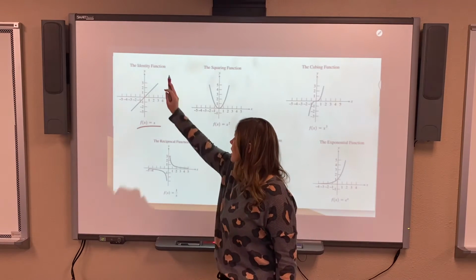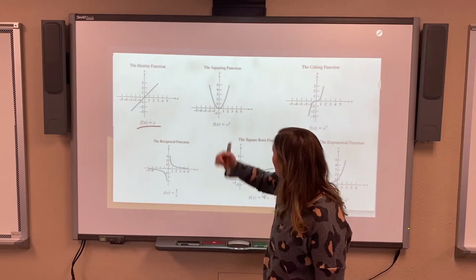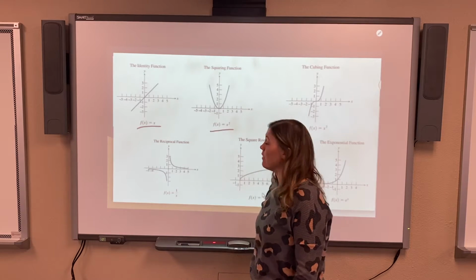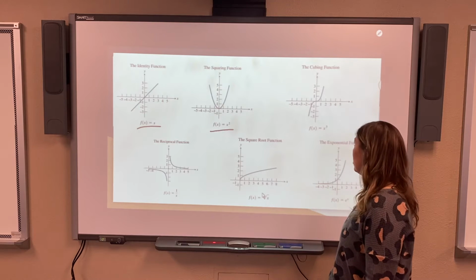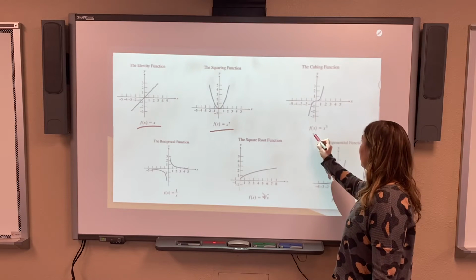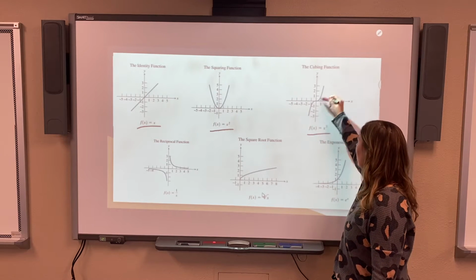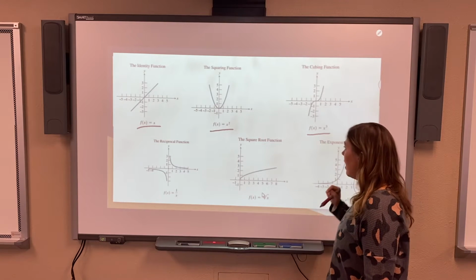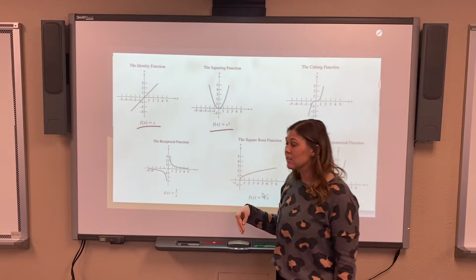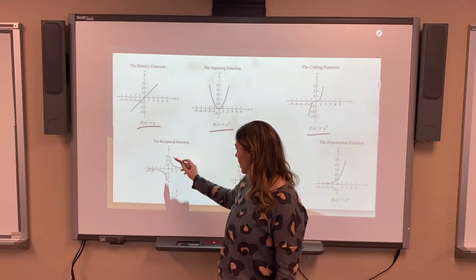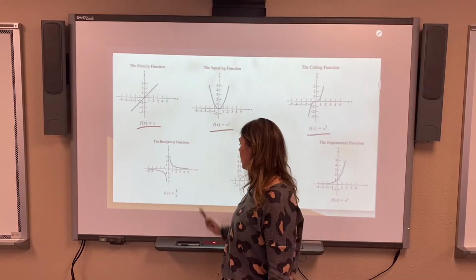So this is linear, the identity function, and we have the squaring function, which is a quadratic, f of x equals x squared. Looks like a parabola, little 2 makes a u. The cubic function, cubed, looks like that. Then we have the reciprocal function, so f of x equals 1 over x. Anything that's off of that, it looks like this.